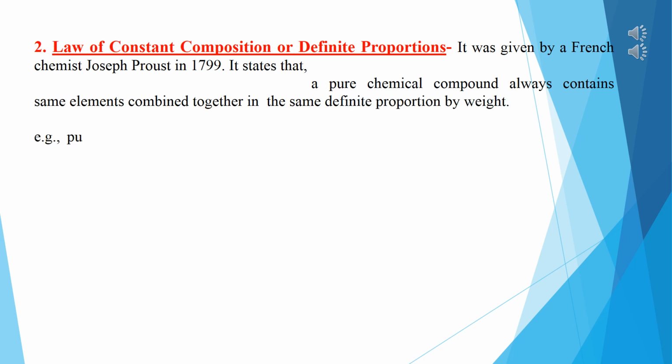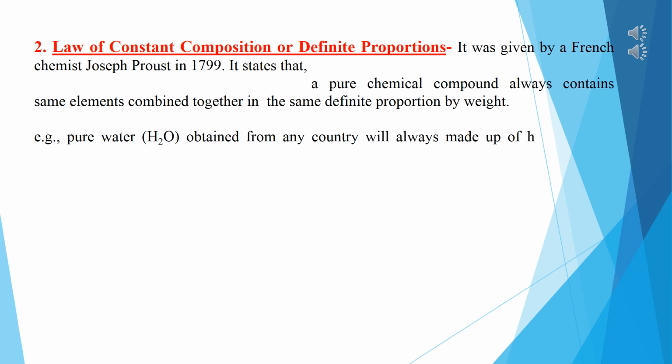For example, pure water, whose formula is H2O, obtained from any country or any area, will always be made up of hydrogen and oxygen combined together in a 1:8 ratio by weight.